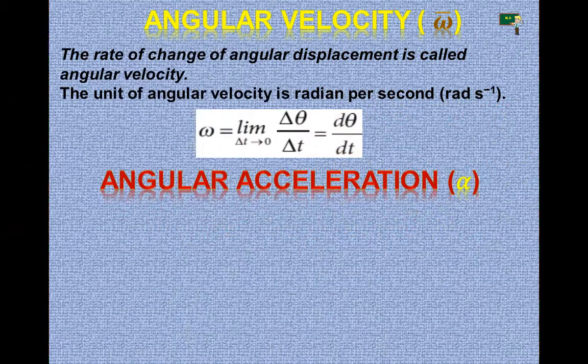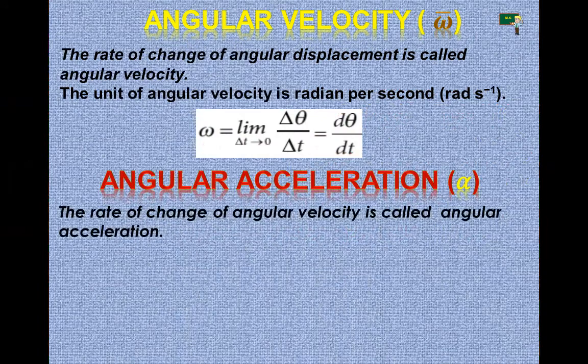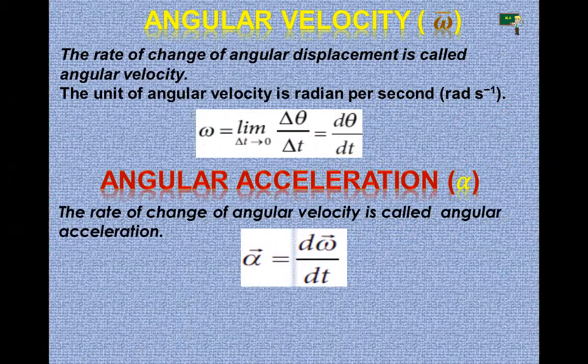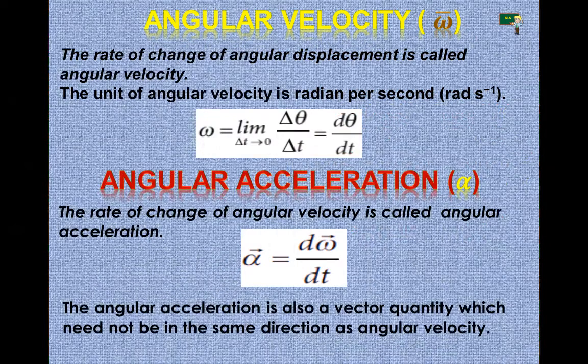That means the angular velocity and the angular acceleration come into action. This angular acceleration is denoted by alpha. The rate of change of angular velocity is called angular acceleration, which is alpha is equal to d omega vector divided by dt. The angular acceleration is also a vector quantity which need not be in the same direction as angular velocity.